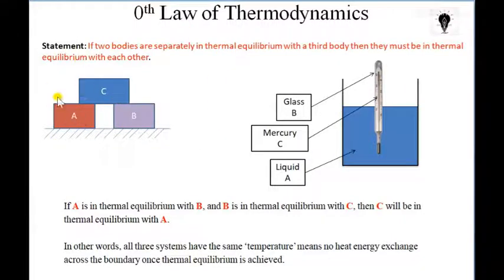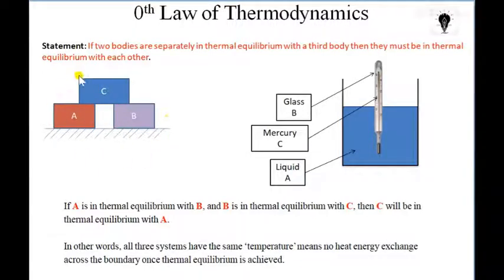So in the case of these systems, we can say the temperature of A equals C, and the temperature of B equals C. Then the temperature of A and B is also the same, because A and B do not have direct contact with each other, but they have contact via C. So if C has the same temperature as B, and A has the same temperature as C, then A and B also have the same temperature.